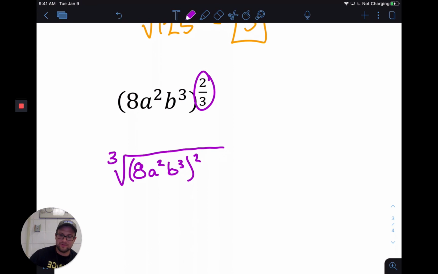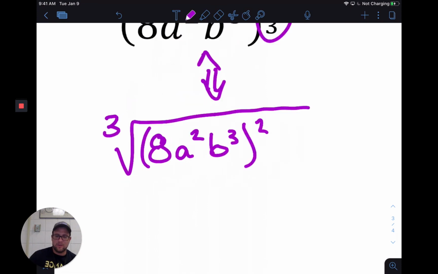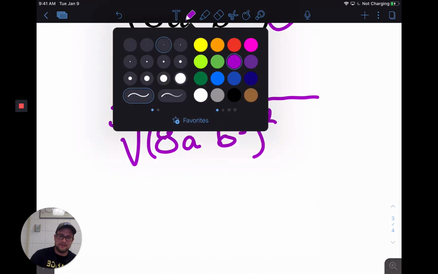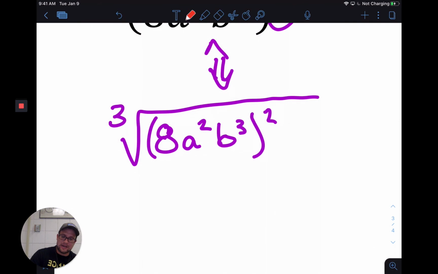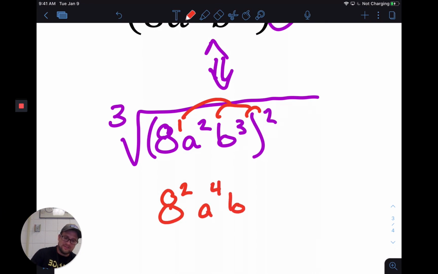That's how these two ideas relate to one another. Now, inside, I notice right away that I could distribute this 2 into the inside here. So I would end up with 8 to the second power, a to the fourth power, and b to the sixth power, and all of this is just the third root.